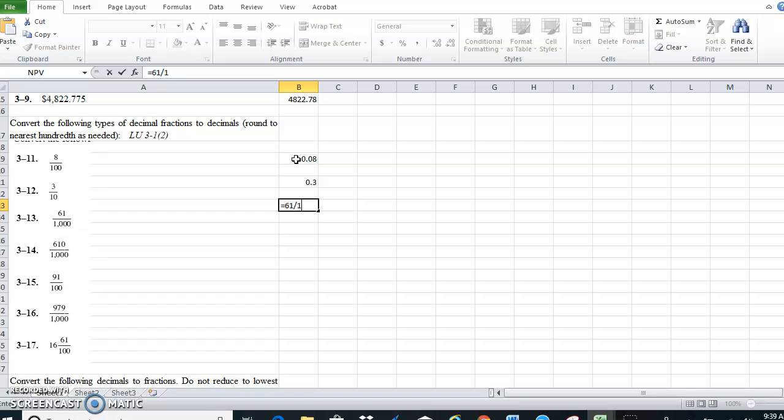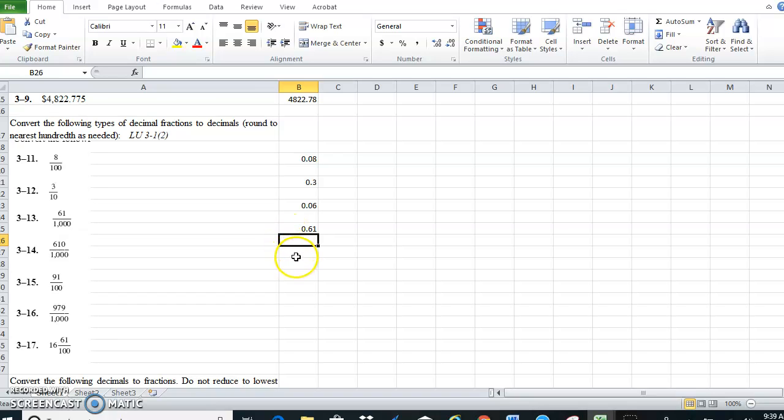61 divided by 1,000. Round to the nearest hundredths as needed. So that's in the thousandths, so we need to decrease the decimal. 610 divided by 1,000.